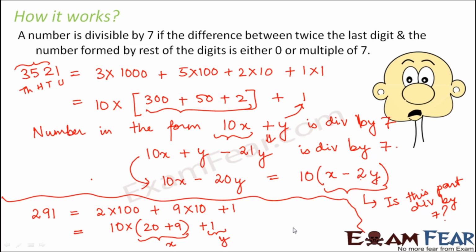Y is this. So what we have to check? We have to check if x minus 2y is divisible by 7 or not. So x is 29 minus 2y, that is 2 into 1. So 29 minus 2 into 1. In fact, that is what we had done in the previous slide to find out if 2921 is divisible by 7 or not. So this is how divisibility by 7 works.